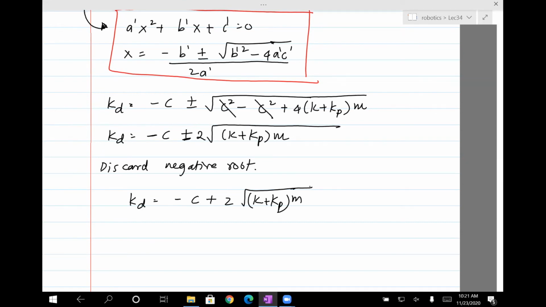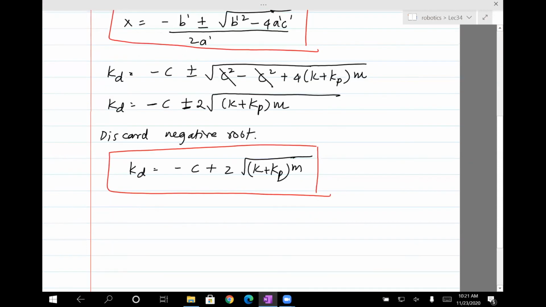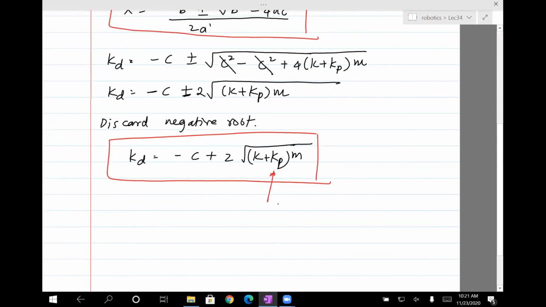Now, what this means is this prescribes a formula for Kd. Kp is a free parameter. You can take Kp to be whatever you want. However, this is telling you that Kd should be minus C, which is a system constant, and then there's K and then M. So Kd is prescribed, but Kp is not.